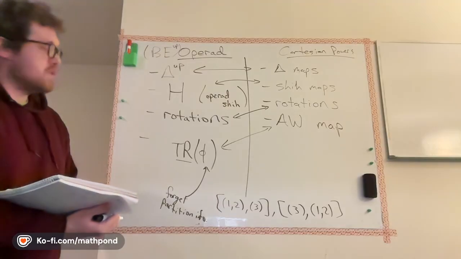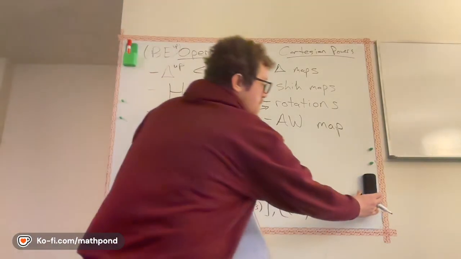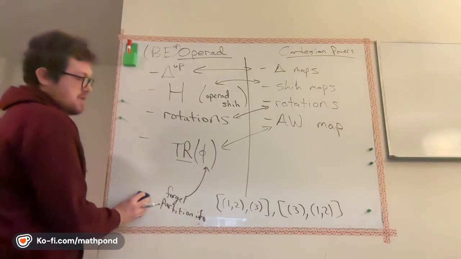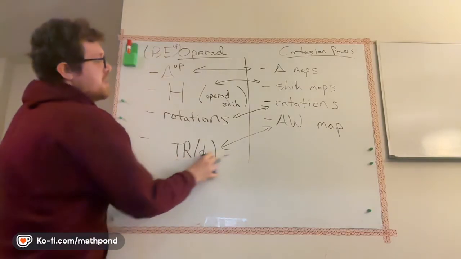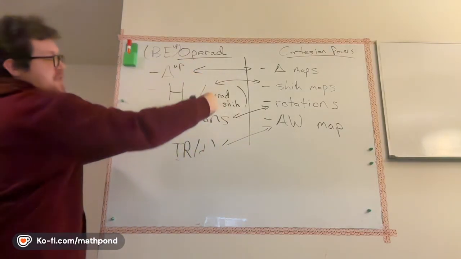Right. So what is the map we're trying to dissect? I'm going to draw basically a giant diagram that's going to consist of all these different maps.